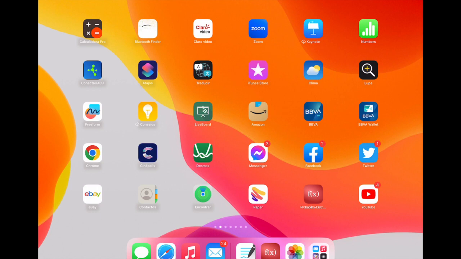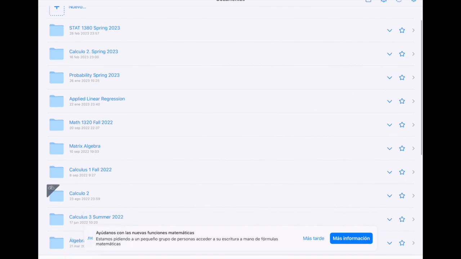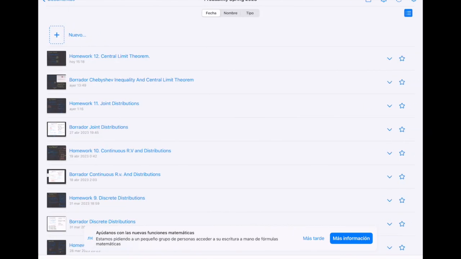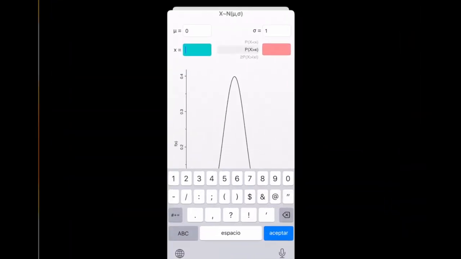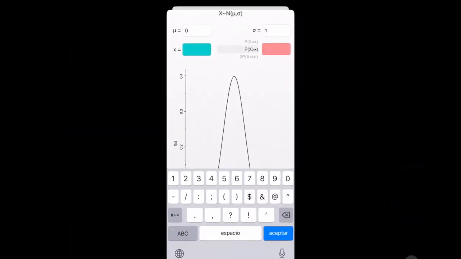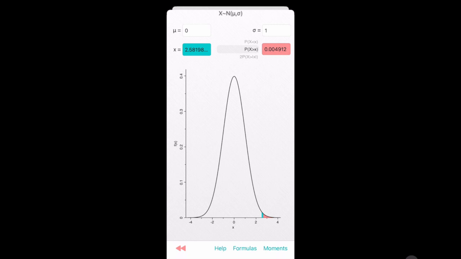Oh my god, this is updating right now? I'm sorry. So type this value 2.5819 88897, and you will get 0.004912.